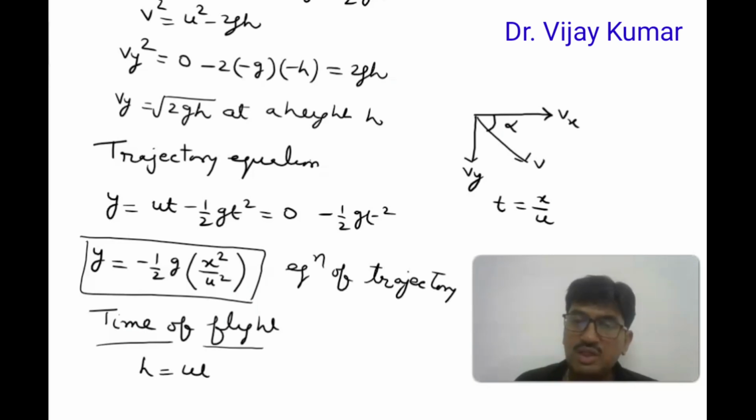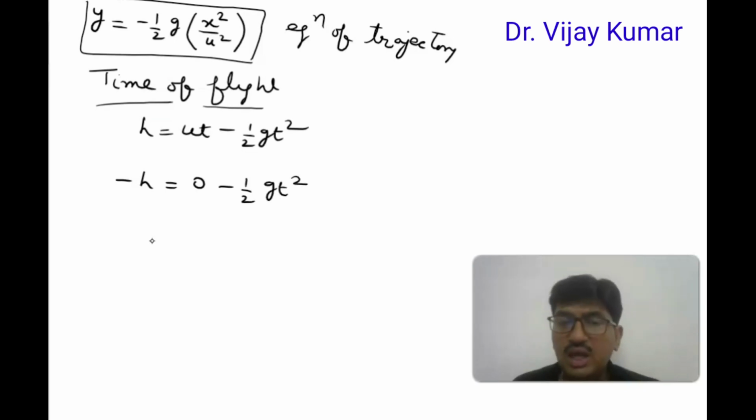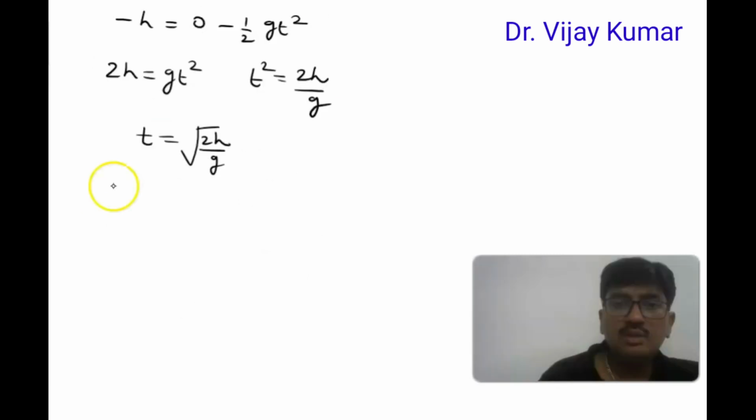We can determine by h equal to ut minus half gt square, and in this case h should be minus h, it should be 0 minus half gt square, and twice h equal to gt square, and t square should be twice h upon g, and t should be under root 2h upon g.